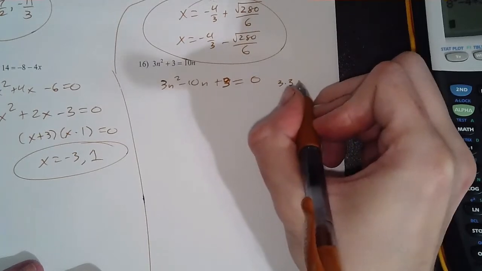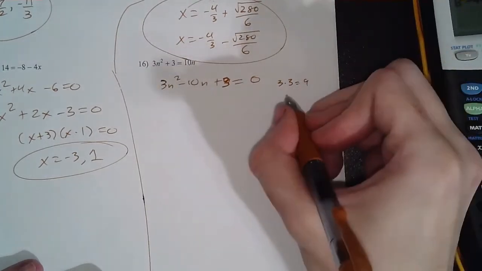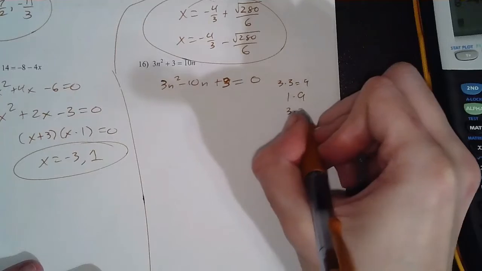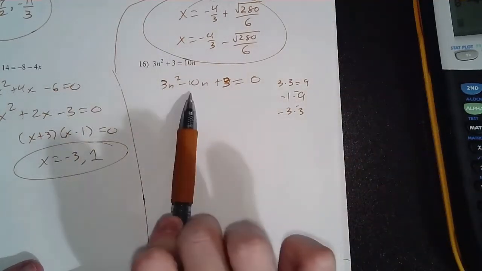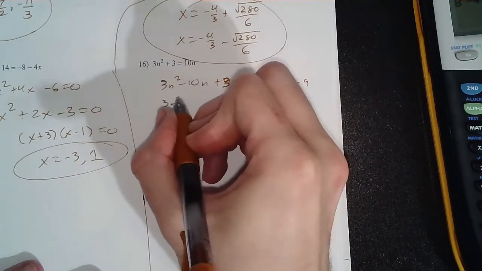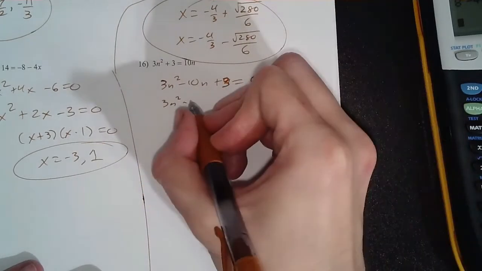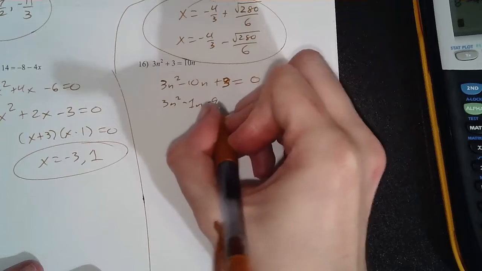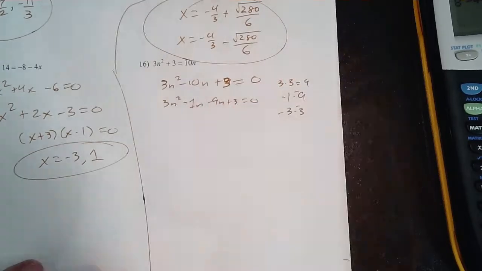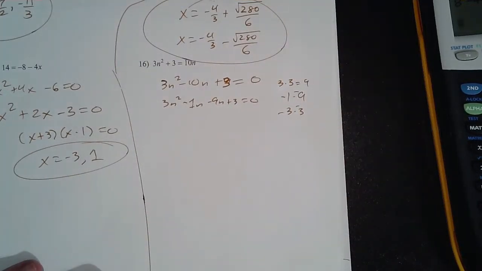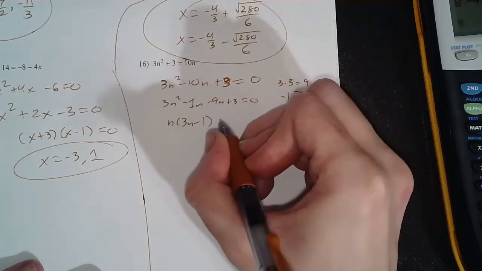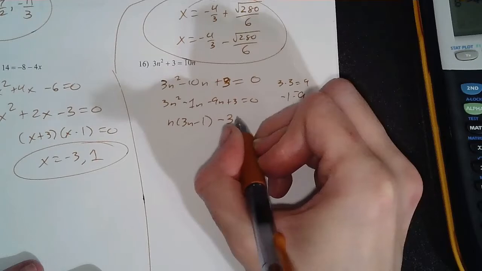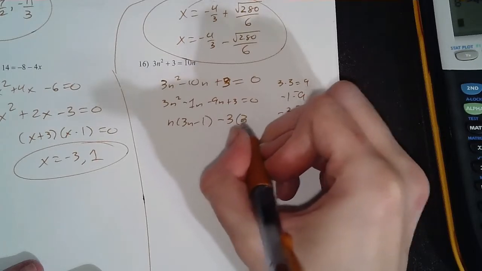So 3 times 3 is 9, and 1 times 9 is 9. And if I make both of these negative, they'll add to negative 10. So I can rewrite this as negative 1n minus 9n plus 3 equals 0. Factor out an n. Factor out a negative 3.